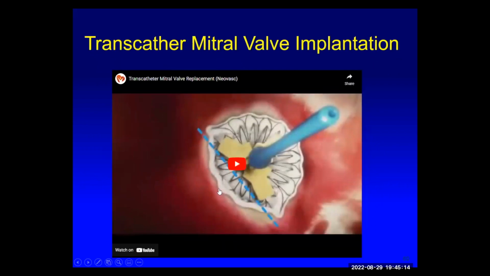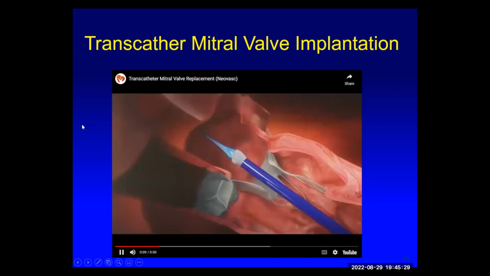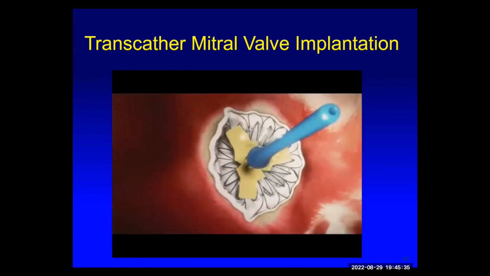The transcatheter mitral valve implantation technique is not yet as developed as the TAVI, as the aortic valve that you hear everywhere. It's something that's still not in full-blown use. It requires a lot of calcium in the valve for the valve to be deployed, and that's usually not the case. But this is the way it's applied.